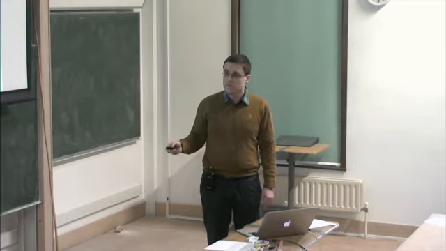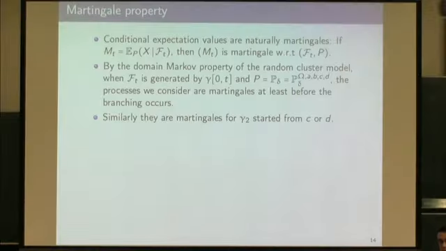And these type of quantities which I defined, they are conditional expected values because of this domain Markov property of our model. So when we explore, we basically just get the knowledge that there are some open edges on our left and some dual open edges on our right.